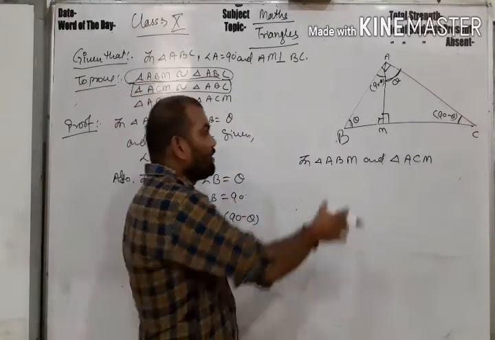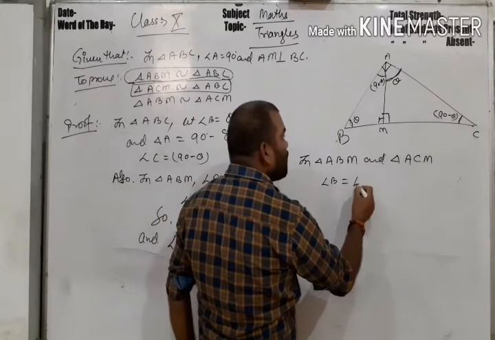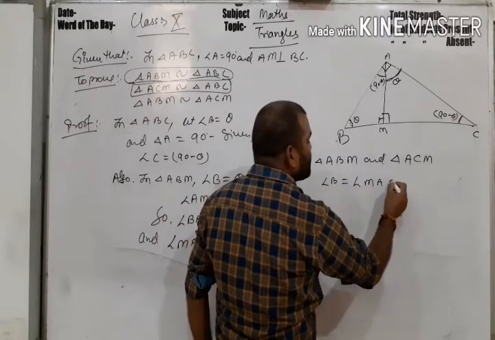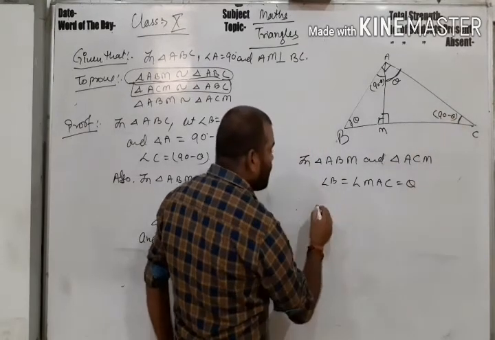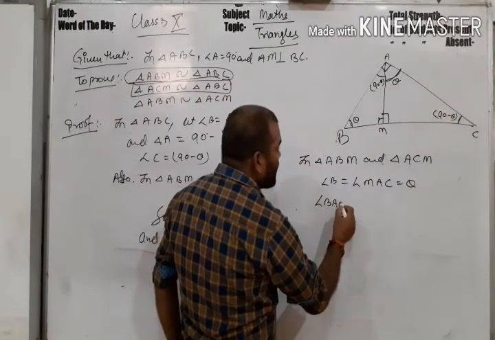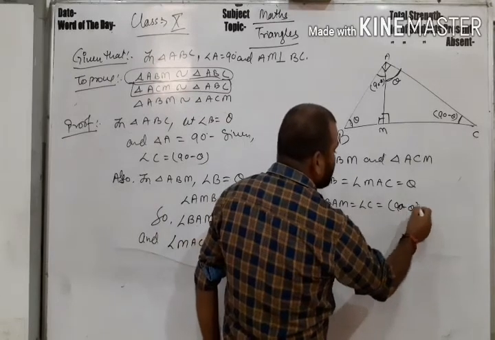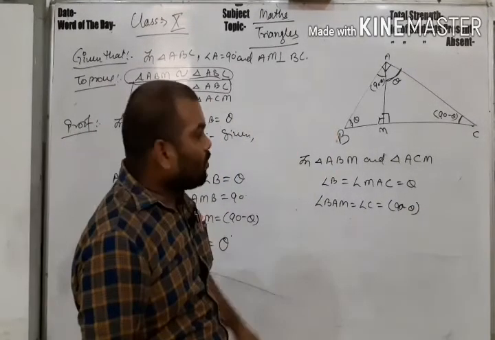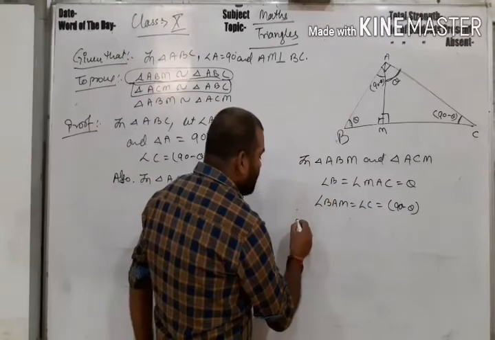You see, these two angles are equal, that is, angle B is equal to angle MAC, and these two angles are also equal, that is, angle BAM is equal to angle C is equal to 90 minus theta. So again two angles are equal, so the two triangles will be similar.